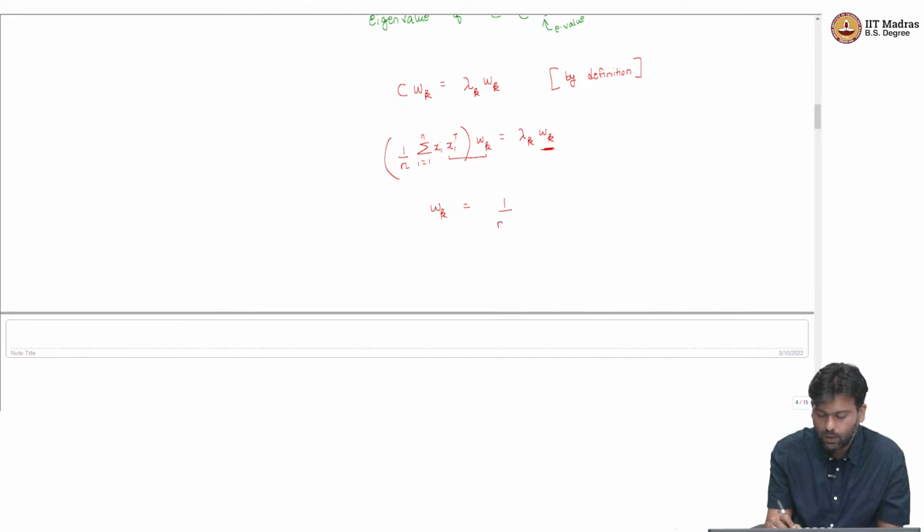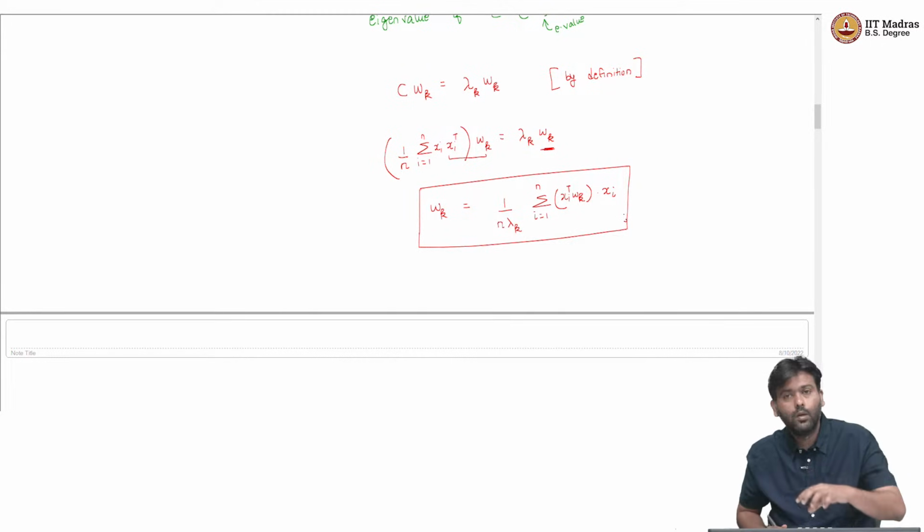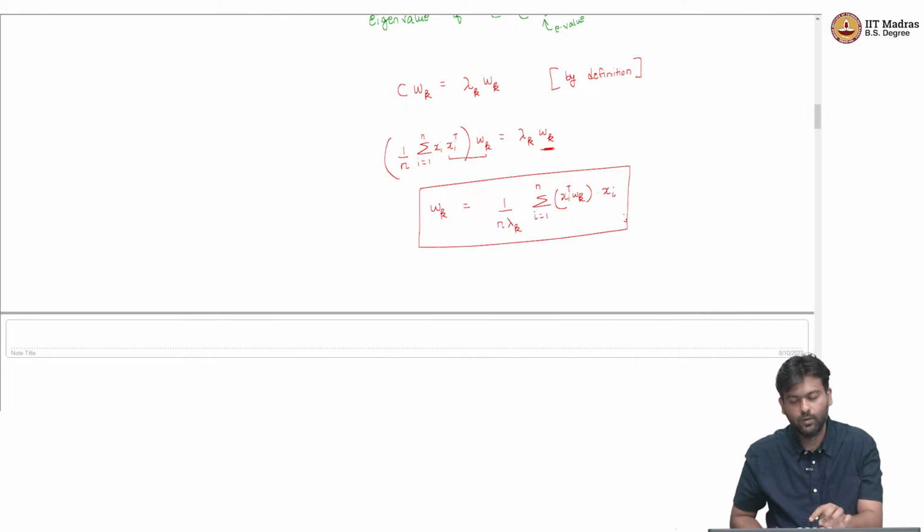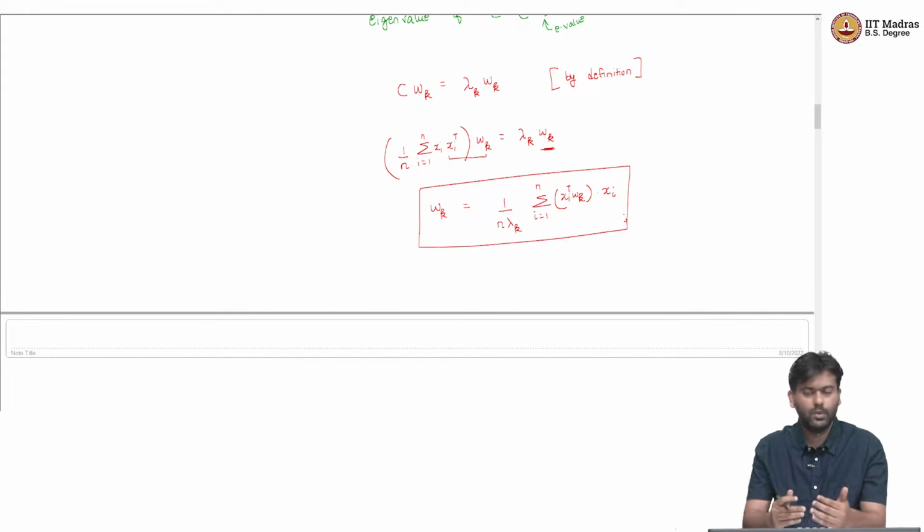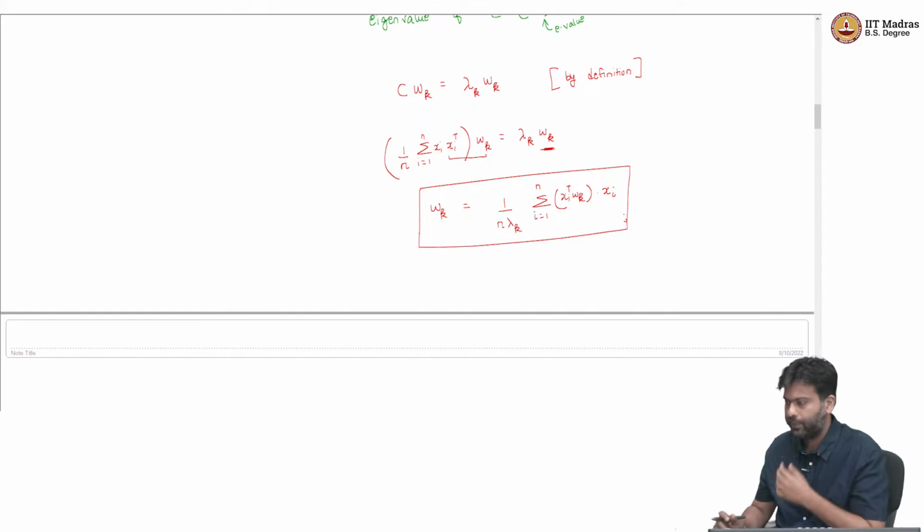So this whole thing becomes 1 by n lambda k sum over i equals 1 to n xi transpose wk times xi. If you are not immediately seeing why these two equations mean the same thing, pause this video and work it out. You should be able to convince yourself that these two things are exactly the same. It is just one step of algebra.